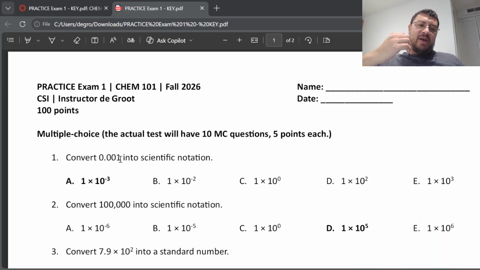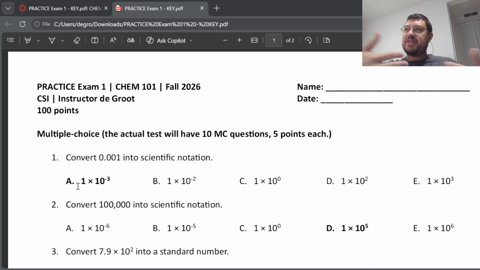And since we are putting a number smaller than 1 into scientific notation, anything that's expressed as a decimal, 0.1, 0.01, point anything really, you're going to have a negative exponent as your power of 10. So we moved the decimal point 3 times, so it's going to be 1 times 10 to the negative 3.